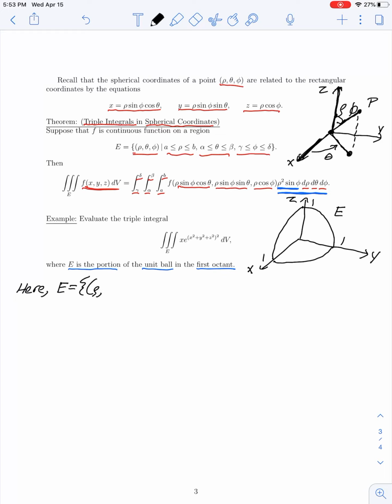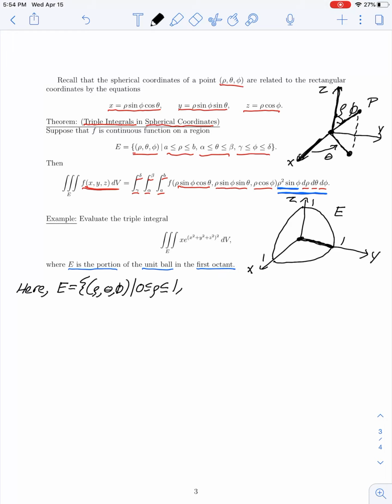It'd be the set of points rho, theta, phi, such that the values of rho could range from 0, that is the origin, out to the edge of this ball, which was radius 1. So rho would range from 0 to 1.